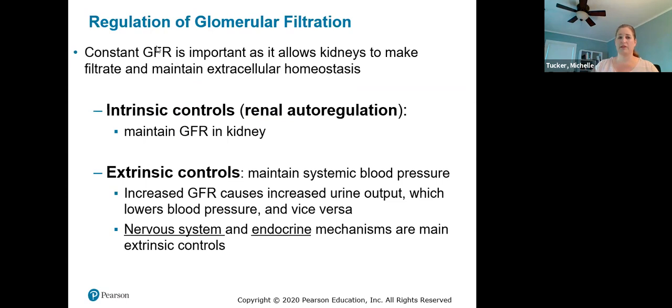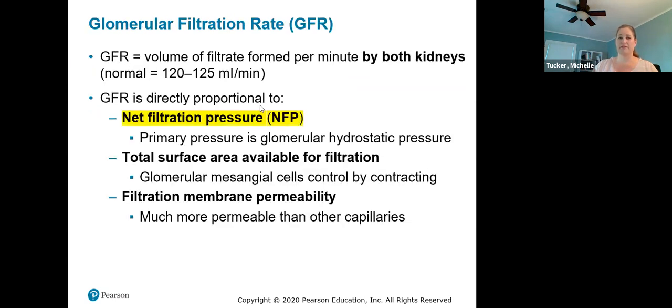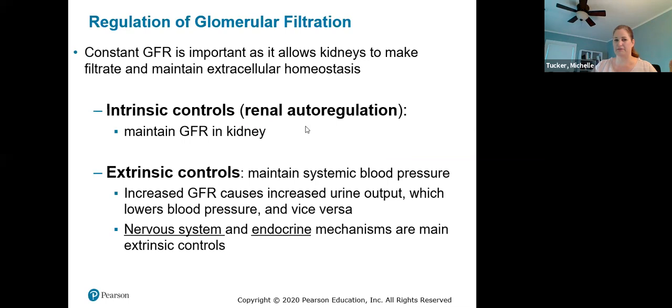With glomerular filtration rate, if the main pressure is net filtration pressure, which is due to glomerular hydrostatic pressure, the way to control GFR is by controlling hydrostatic pressure. So there are two ways to affect it.